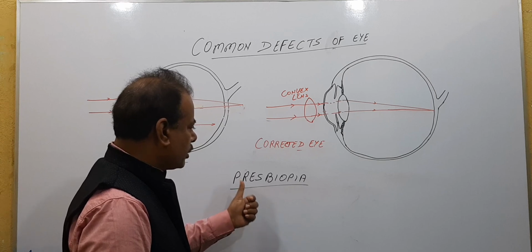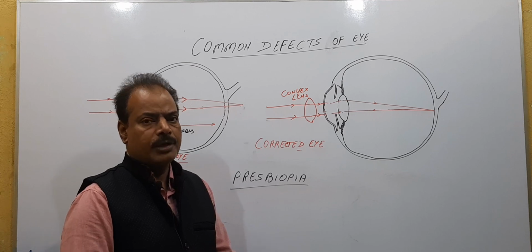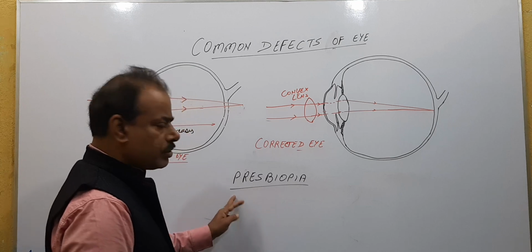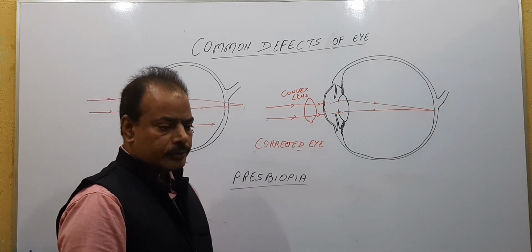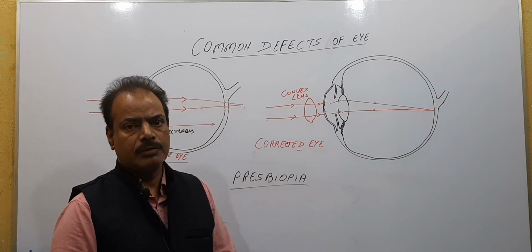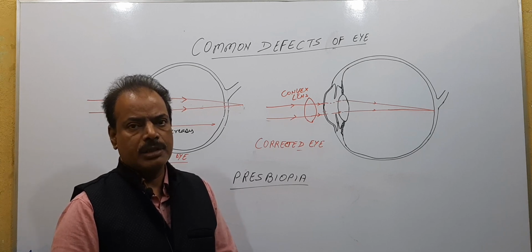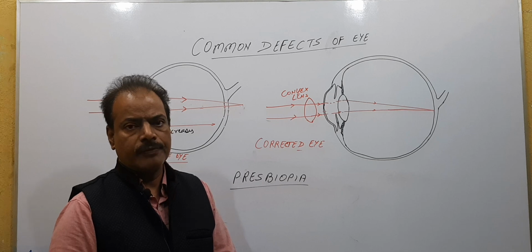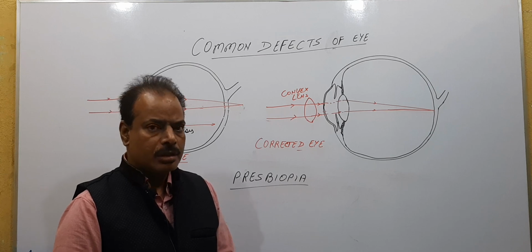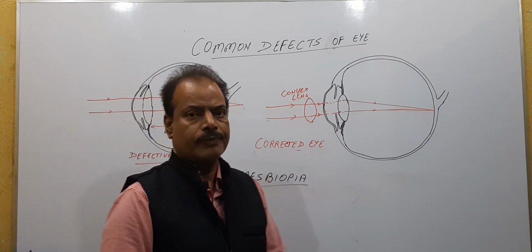So it can be considered as a type of hypermetropia or far-sightedness or long-sightedness. It is caused due to the loss of flexibility in the lens as well as in the ciliary muscles. So when the ciliary muscle cannot contract, the person cannot see near objects. He or she can see only far objects clearly.